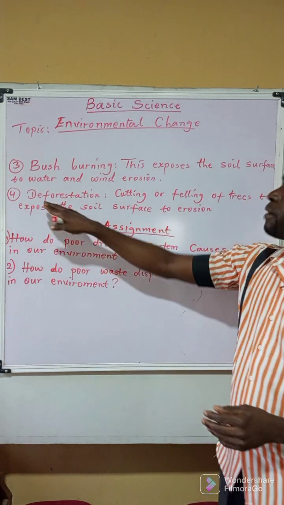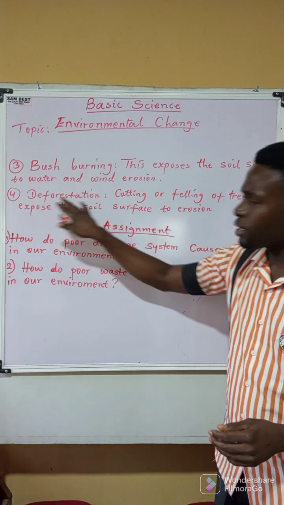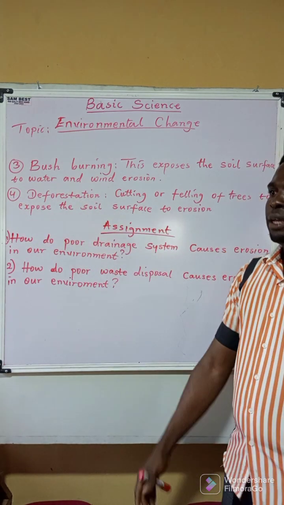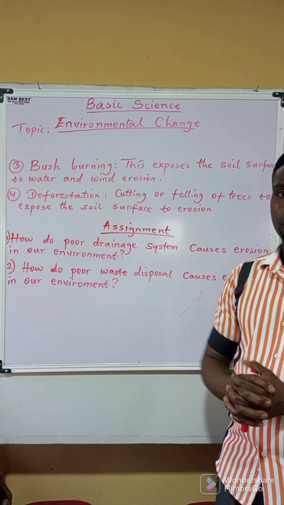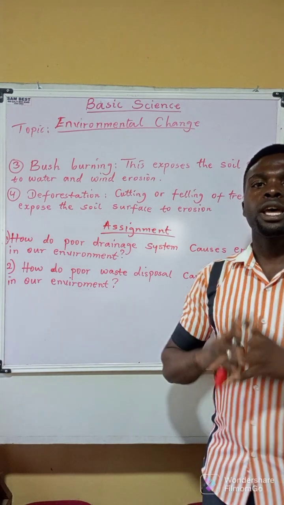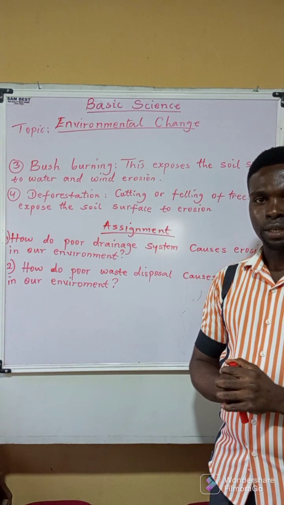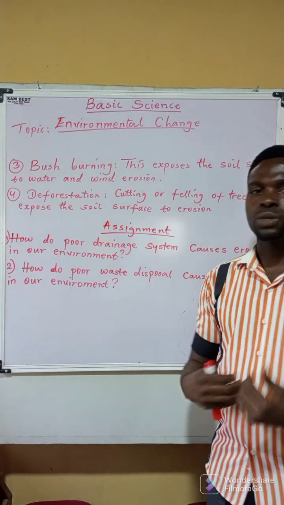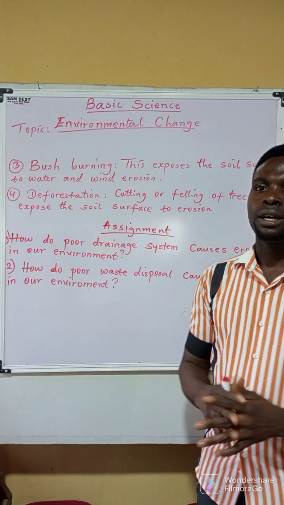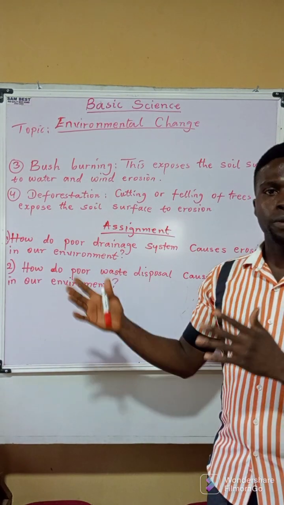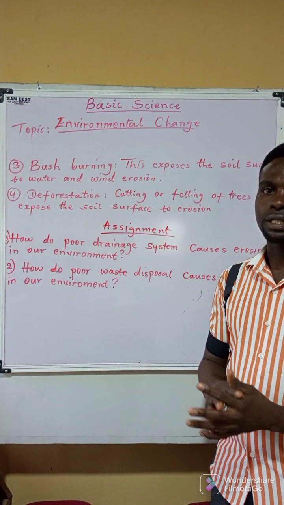Number four, we have deforestation. Say it. Deforestation. Now, this happens to be the cutting of trees in the forests. These trees help to cover the soil from rainwater. Now, human beings, because we need planks and timber, we now fell these trees, which were helping the soil by covering it.